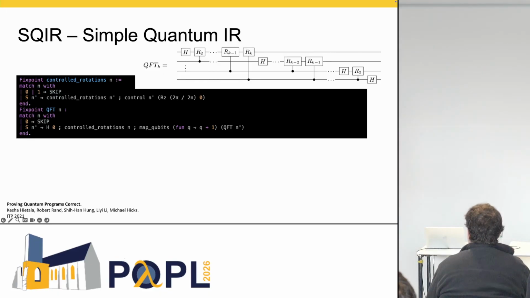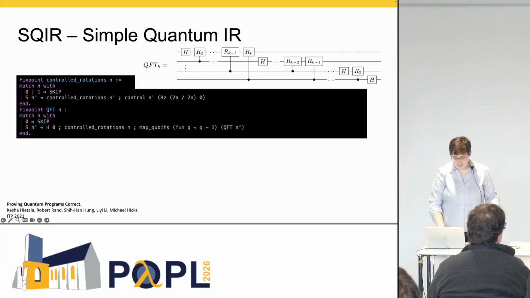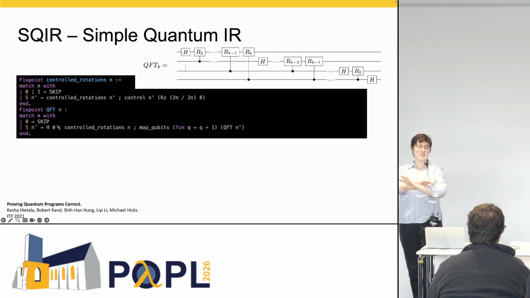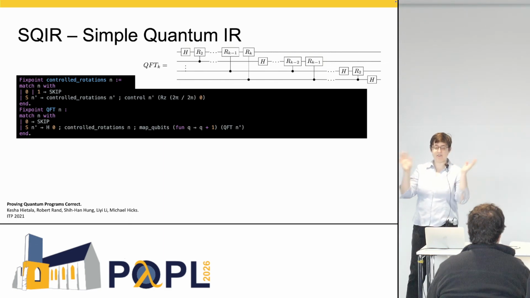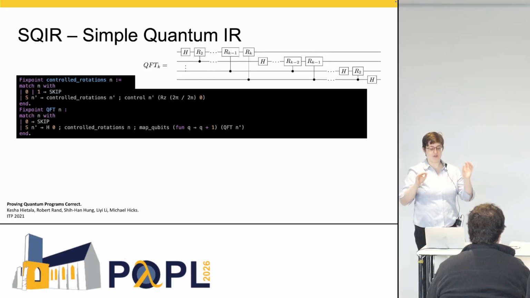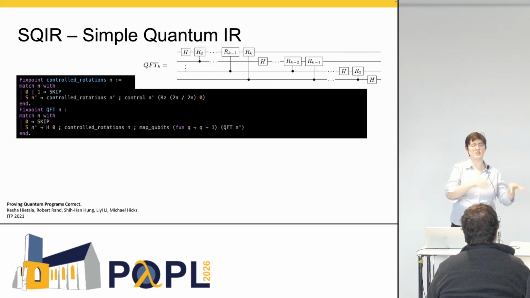This is the quantum Fourier transform, which is defined on any number of wires, so any number of qubits. Because we're working in Coq, we can simply define this as a function from natural numbers to circuits. This is kind of like a cheat code for integrating classical parameters with quantum circuits.